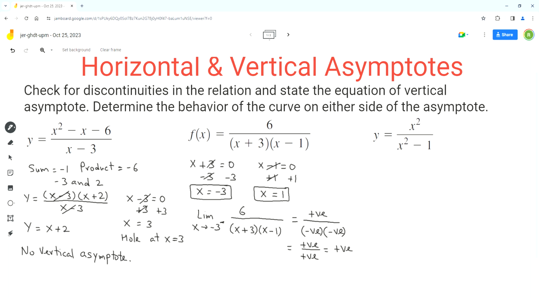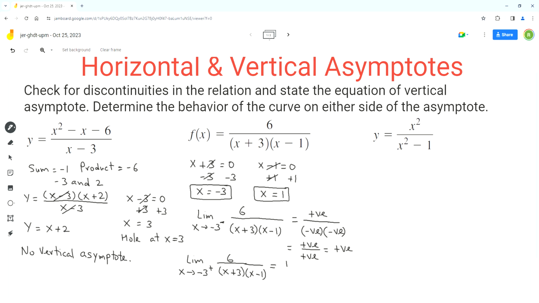Now we can check the behavior on the right side of negative 3. So limit x approaches negative 3 from the right side of 6 over x plus 3 times x minus 1. So we have to test for a value to the right side of negative 3. So one example can be negative 2.9.